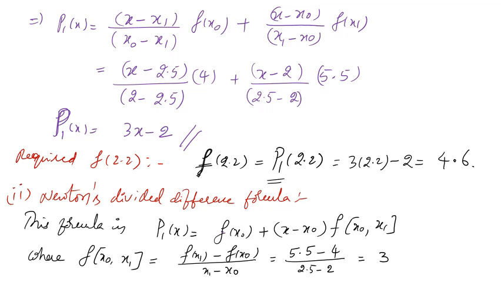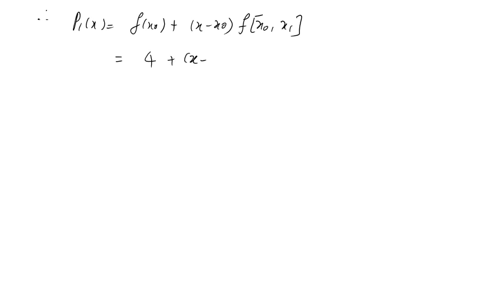Now everything you know. Therefore P1(x) is f(x0) plus (x minus x0) into the first divided difference, which is 4 plus (x minus 2) times 3, just as we calculated. After simplification you will get 3x minus 2. This is also 3x minus 2.